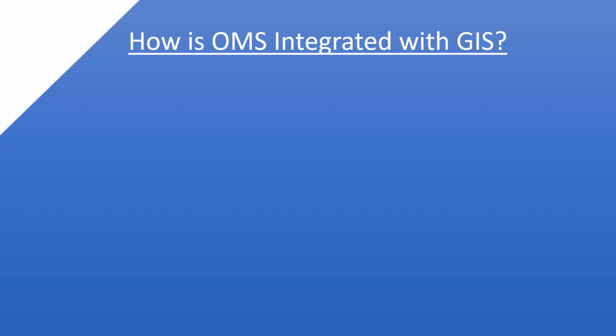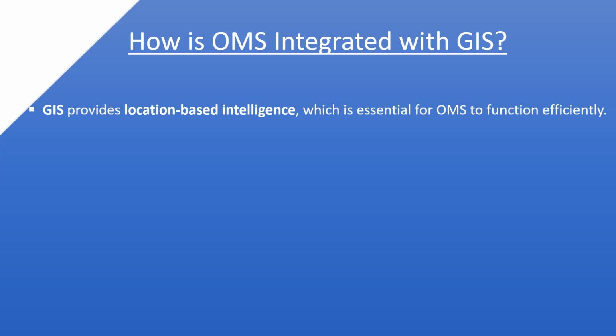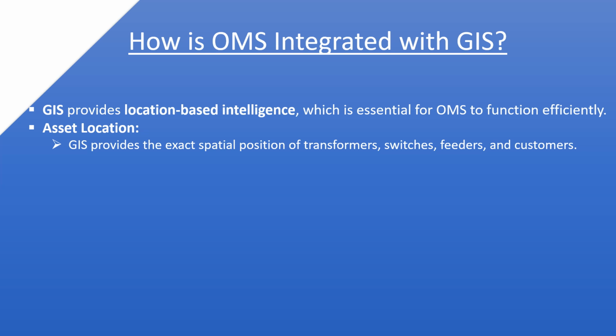How is an Outage Management System integrated with Geographical Information Systems? GIS provides location-based intelligence, which is essential for an Outage Management System to function efficiently. Asset location: GIS provides the exact spatial position of transformers, switches, feeders, and customers.